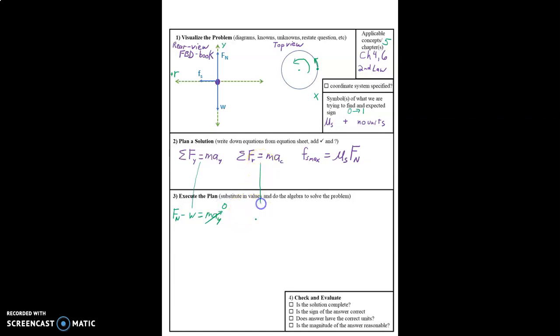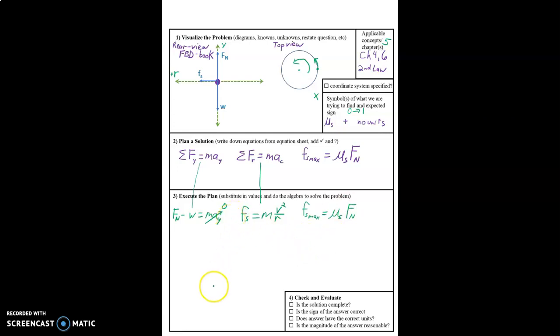In the R direction, it's quite simple. We have Fs, and that's it, equals MAC, which is also equal to mv squared over r. And then we have this equation, Fs max equals mu s Fn.